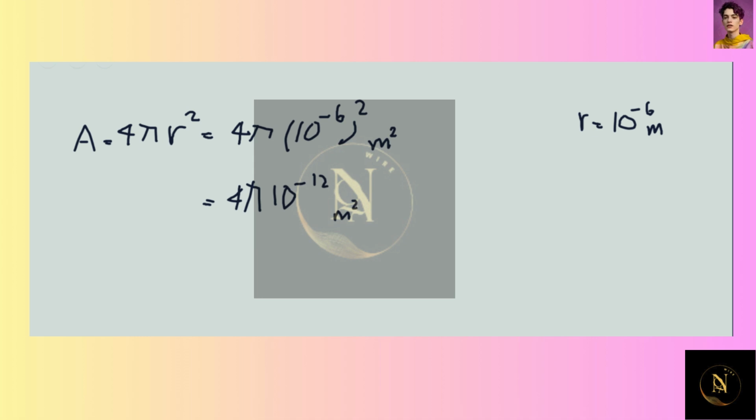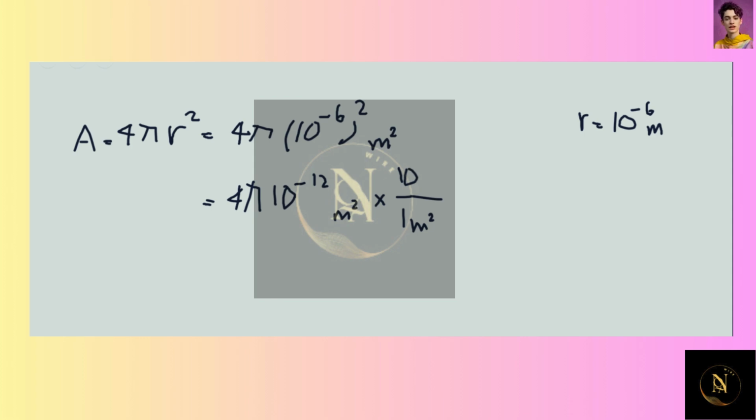The problem here wants us to report the surface area in millimeters squared, and so now we have to convert meters squared into millimeters squared. So again, as before, I'll multiply this by 1 meter squared, and each meter is 1,000 millimeters.